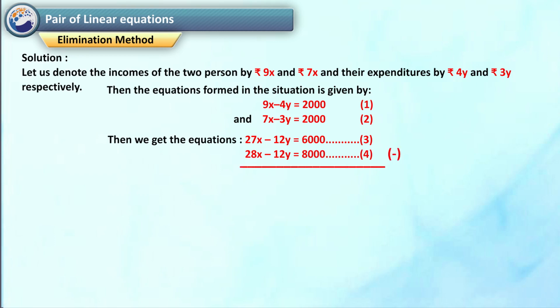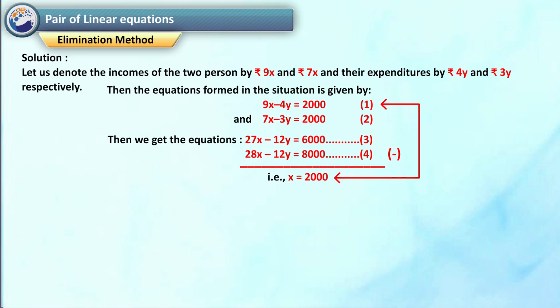Subtracting equation 3 from equation 4 to eliminate y because the coefficients of y are the same. So we get 28x minus 27x minus 12y minus 12y is equal to 8000 minus 6000. That is, x is equal to 2000.